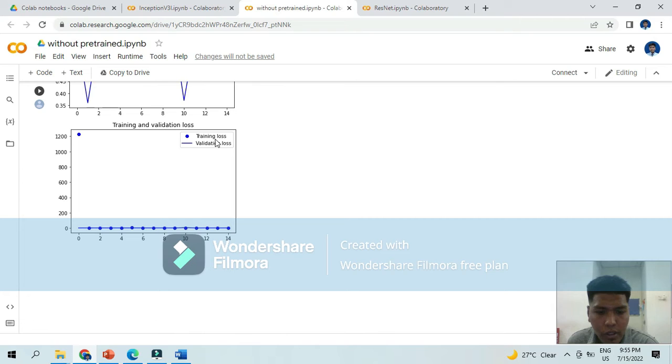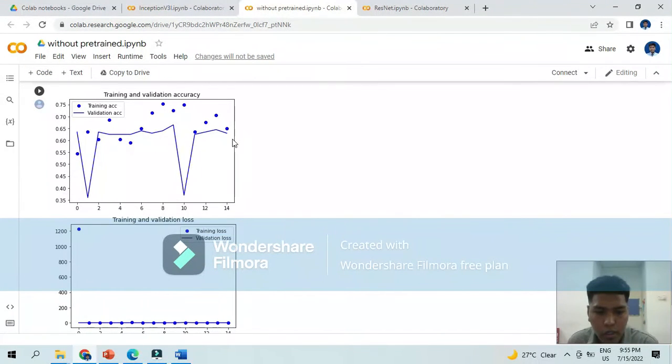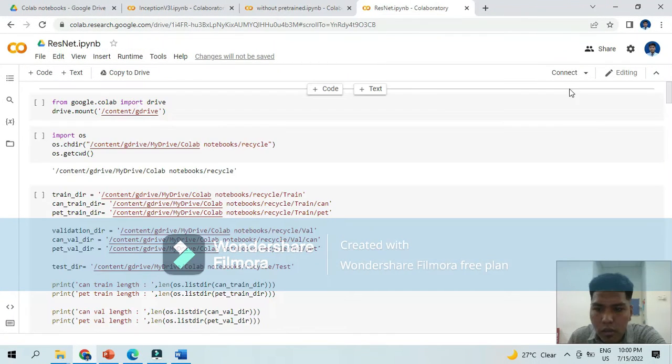We can see from the graph that at epoch 10 the validation loss is lower than the training loss. It can be concluded that the training accuracy and loss is higher.